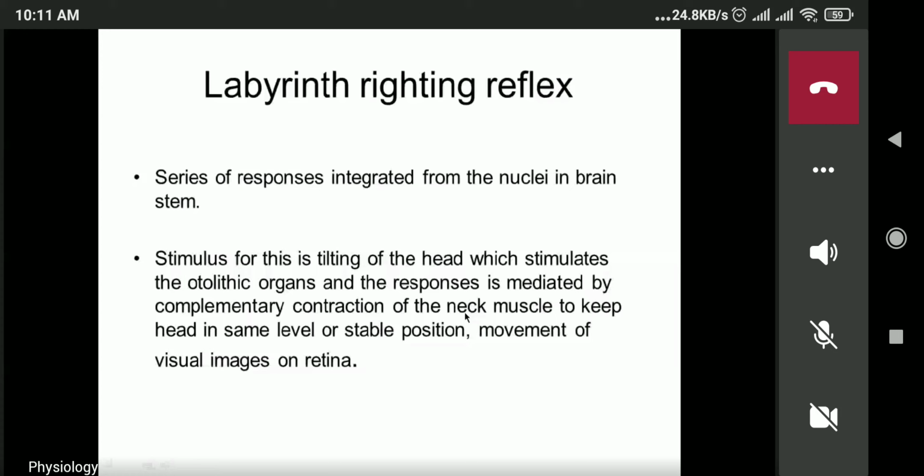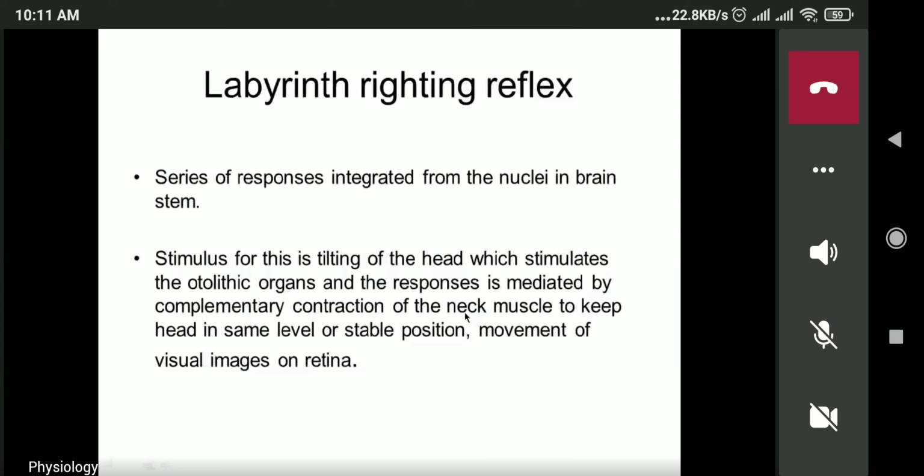Some come into the midbrain, pons, medulla, and from there a reflex originates that also makes our body stable. Sometimes they contract the neck muscle, sometimes other muscles of the body, to prevent the fall. So those things collectively are known as the labyrinthine righting reflex.